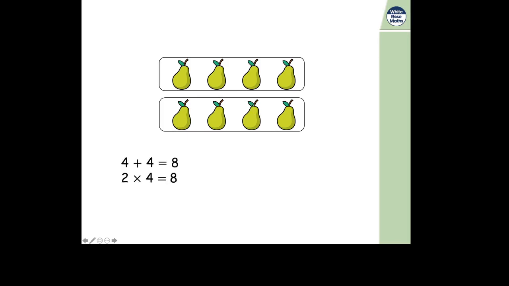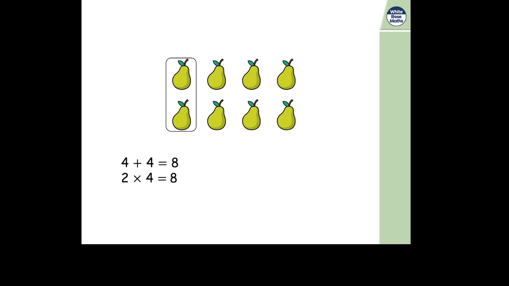So we can write that as 4 add 4 equals 8, or two groups of 4, which also equal 8. You can check it by counting the pairs. So we can go 1, 2, 3, 4, 5, 6, 7, 8.